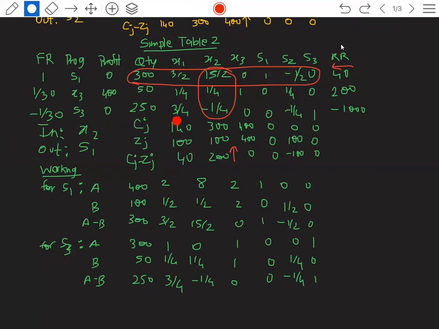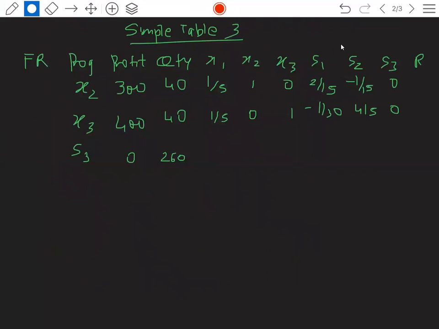So that should give you the x1 value as 4 upon 5. Then you should be having minus 1 by 2, 0, 1 by 30, minus 4 by 5, 0.